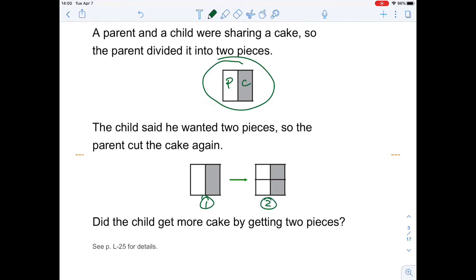So the question for you to consider is, did the child get more cake by getting two pieces? And clearly we can see that these two pieces are the same size as the one original piece that the child got. The cutting just happened a little bit differently.